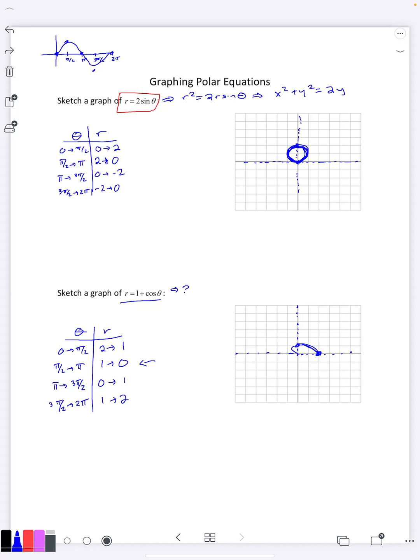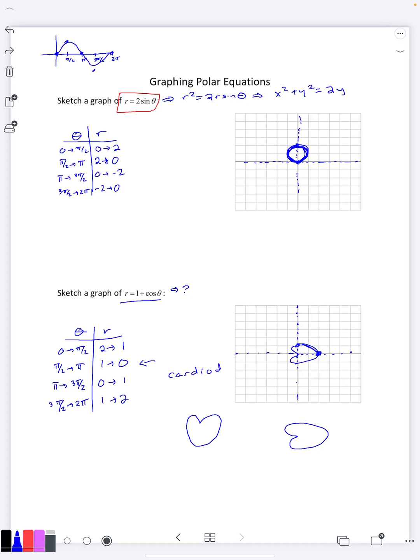And then as we go down to 3 pi over 2, it goes back out to being 1. And then finally, it goes back out to 2 as we get to 2 pi. And if I try to draw it a little nicer here, it looks something like this. And if you turn that on its side, it looks like a heart. And that is why we call this shape a cardioid.